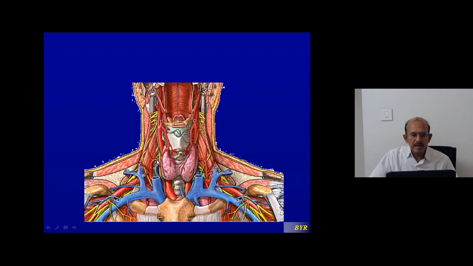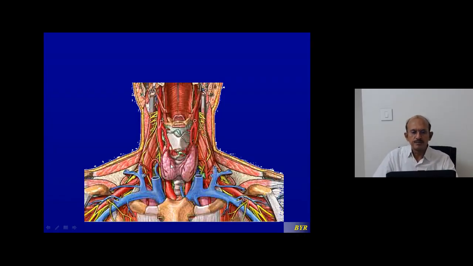And the inferior thyroid artery arises from, tell me, which vessel? The inferior thyroid artery arises from the thyrocervical trunk. Very good. The thyrocervical trunk is a branch of the subclavian artery.